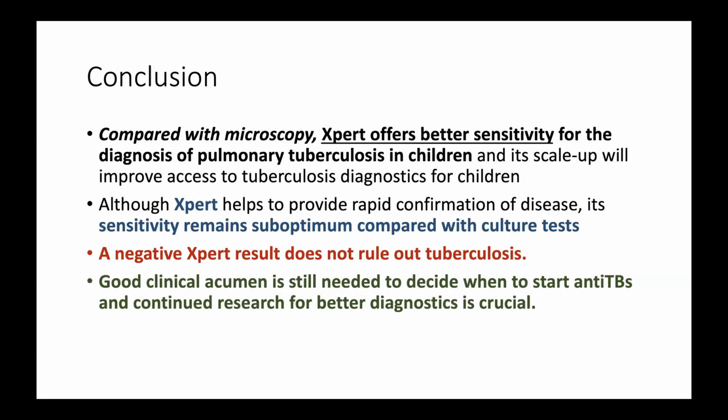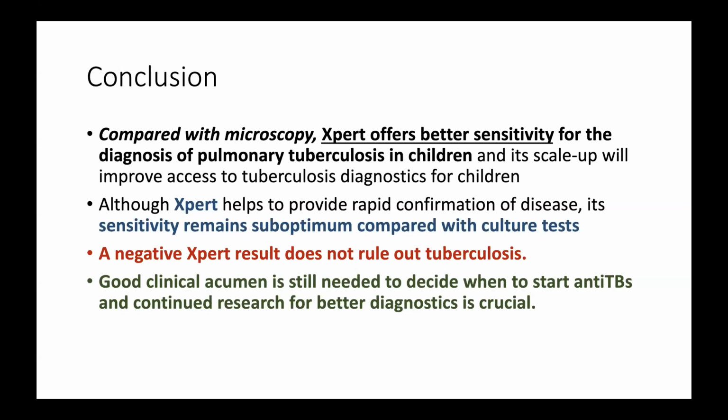But we're cautioning all of us that a negative Xpert does not rule out tuberculosis, and good clinical acumen is still what's needed when we are trying to decide whether this child needs to start anti-TBs, as we look for better diagnostics and continue our research in this endeavor.